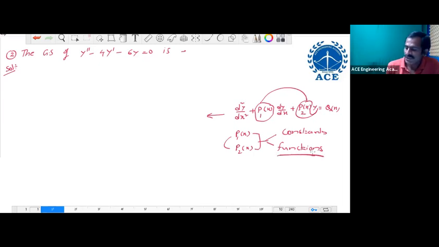Functions of x, variable coefficients equation. Constants, constant coefficients equation.